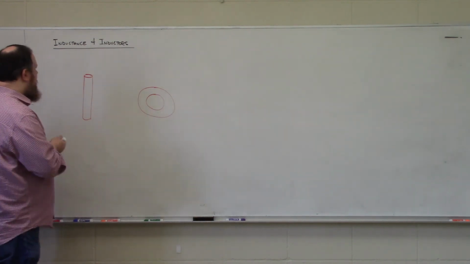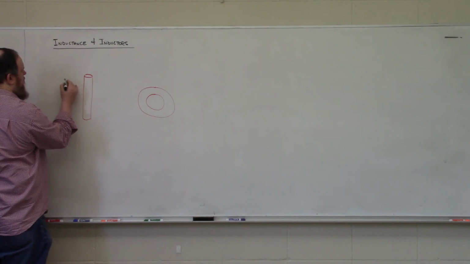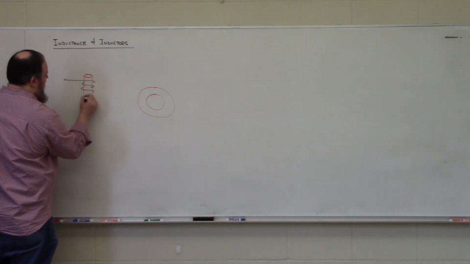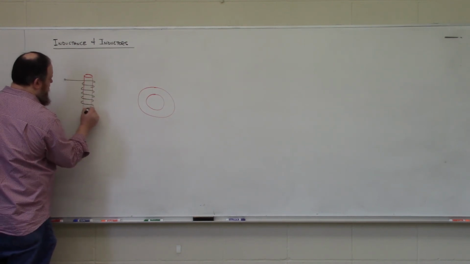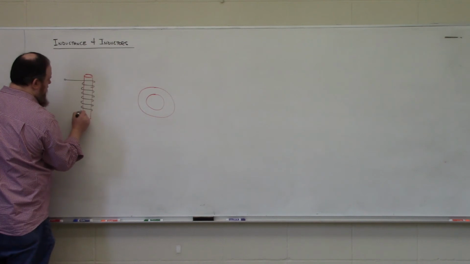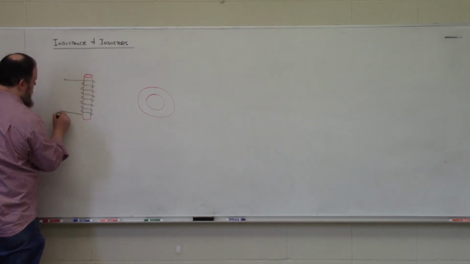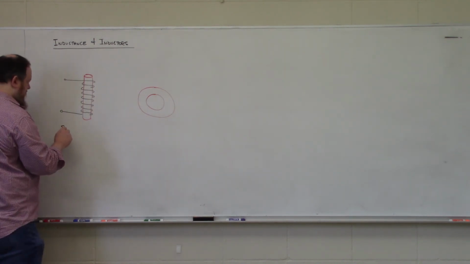And around these cores we wrap a wire which forms an electromagnetic coil. So this would be what's called a solenoidal inductor.